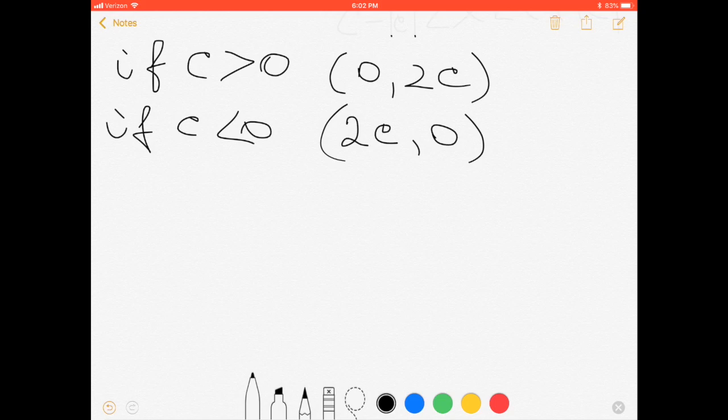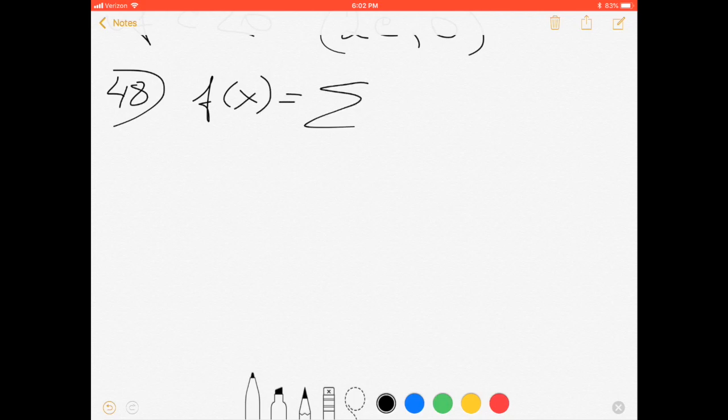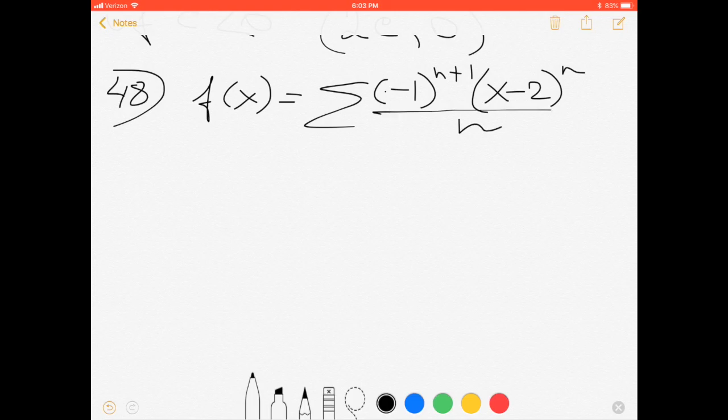Okay, I'm trying to save time to show you one more example. That's example 48. Here we have the function f(x), defined as the series (-1)^(n+1) (x-2)^n over n, starting with 1 to infinity.